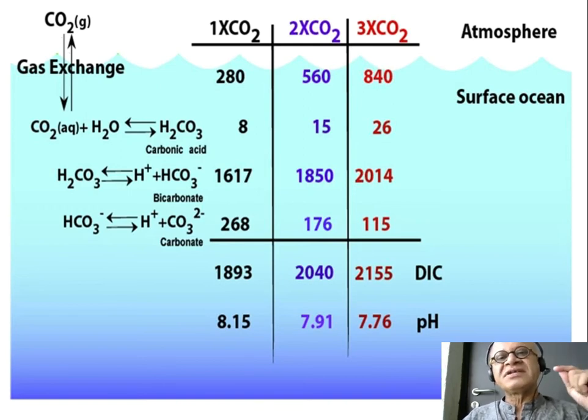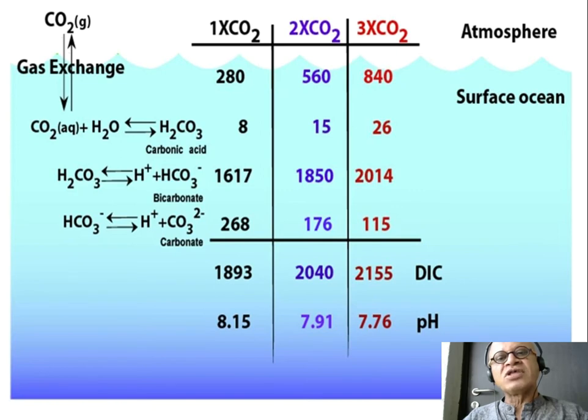What we are interested in is what happens when you double the CO2 or triple the CO2 in the atmosphere. So if you go from 280 to 560 or 280 to 840, you can see that H2CO3 goes up correspondingly, but not quite double.